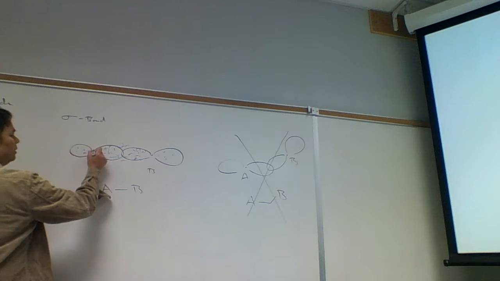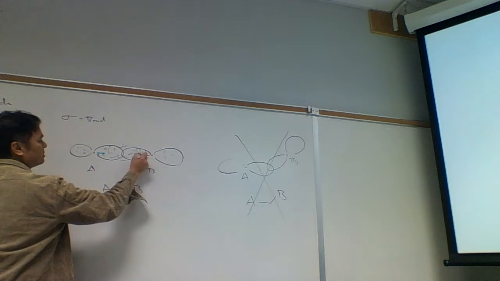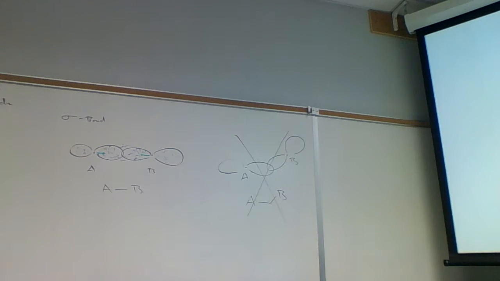And therefore, the nuclei are going to be drawn to this electron density like this. In a pi bond, the nuclei are drawn not straight to each other, but to this region. In this region, we have electron density above and below the internuclear axis. So the nuclei are going to be attracted to this region above here, and this region below here, above and below.